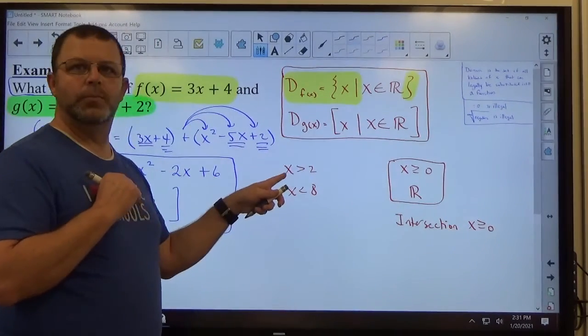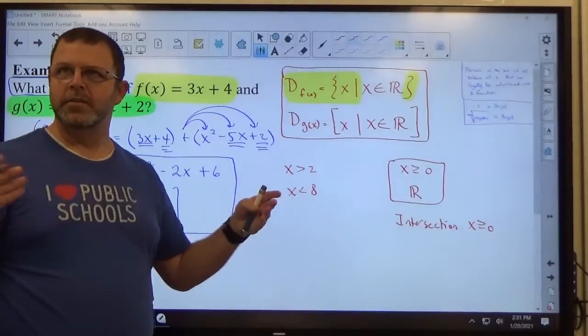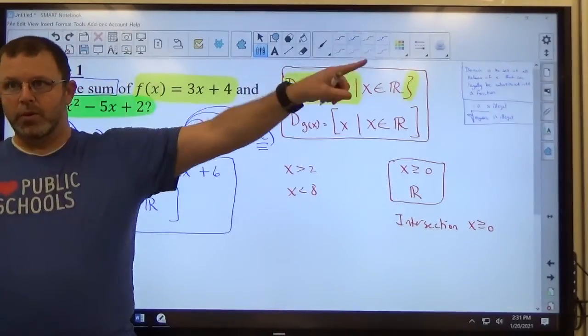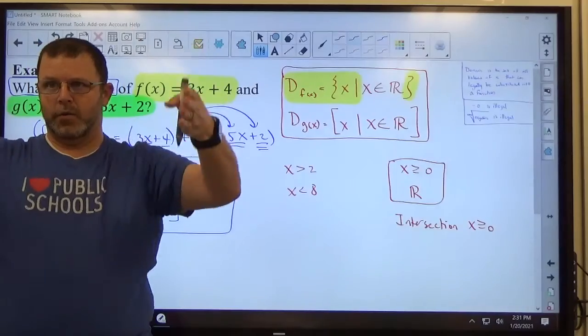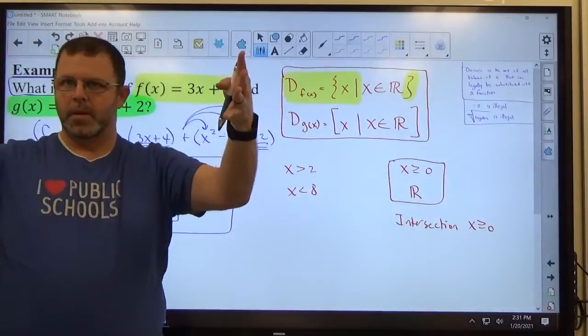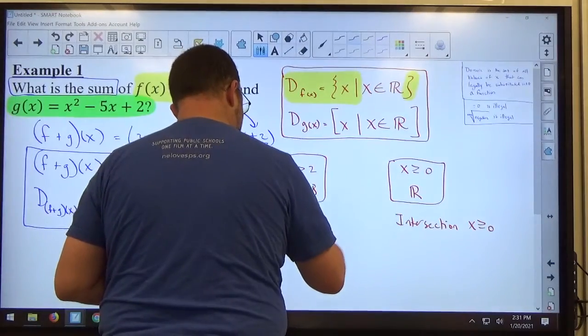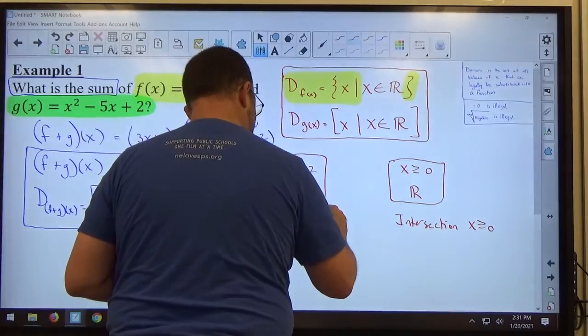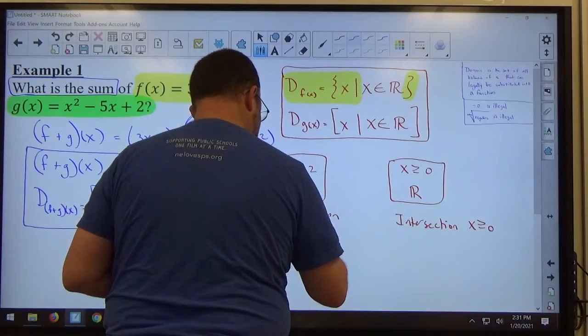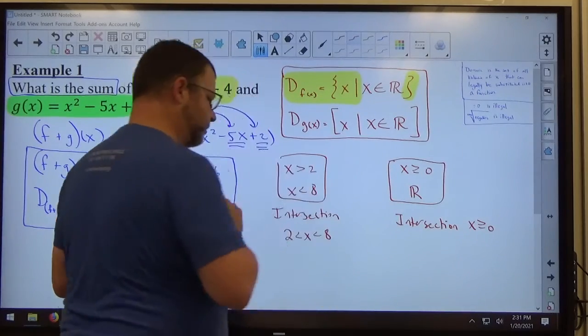This is everything bigger than 2, this is everything less than 8. Bigger than 2, less than 8, they're overlapping in here in the middle, right? So the intersection of these two sets would be 2 is less than x is less than 8.